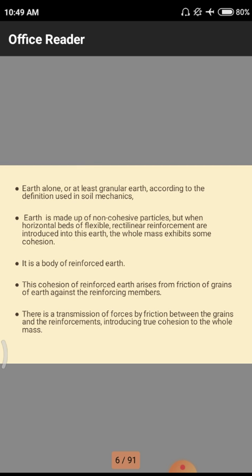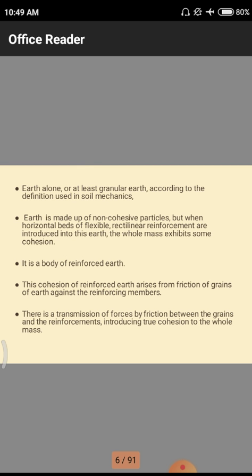When horizontal beds are in flexure, that means some tension forces are applied in different horizontal layers of the earth. Why? Because of its movement, we have these tensional or flexural forces.